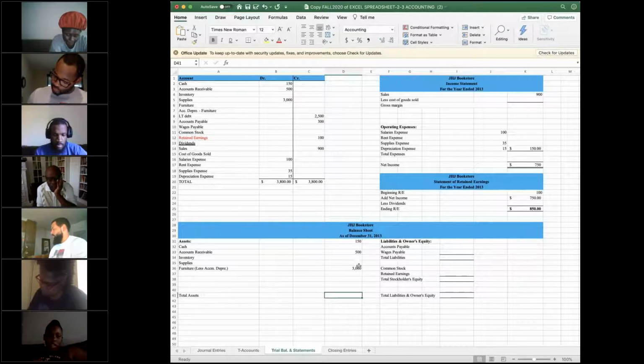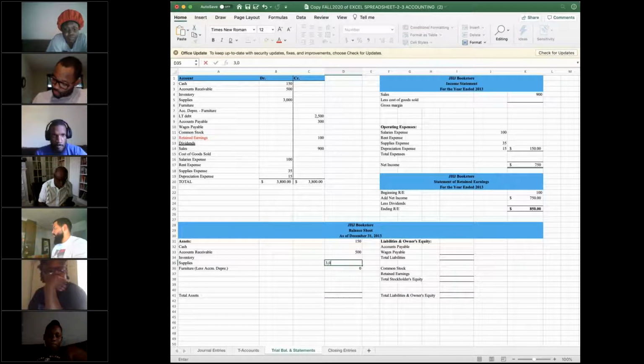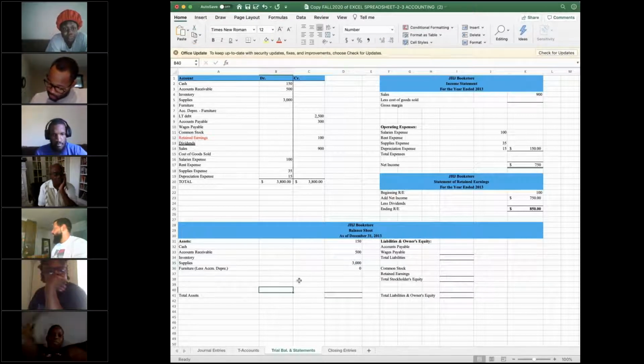Let me put the 3,000 here. I just copied what's in the original problem, changed around a little bit. I made the cash 150 because they had 50 in deposits.